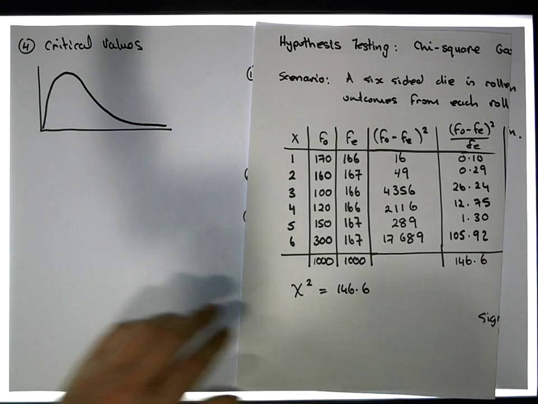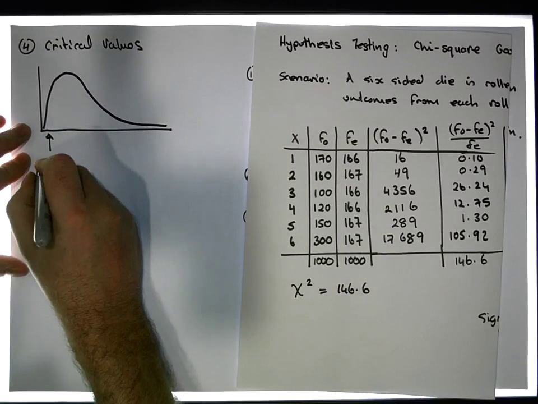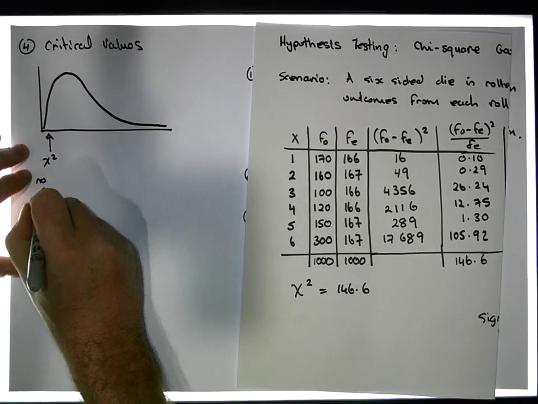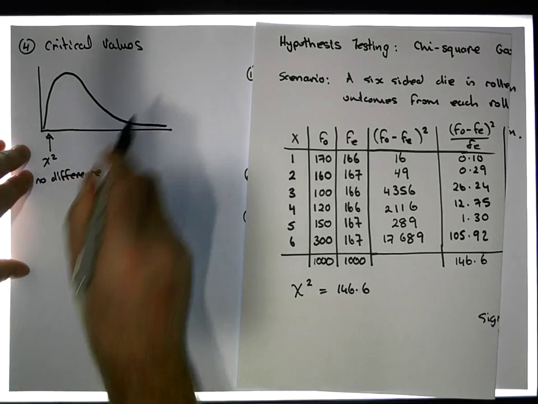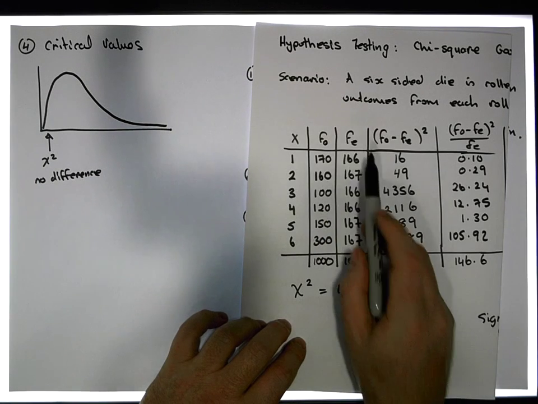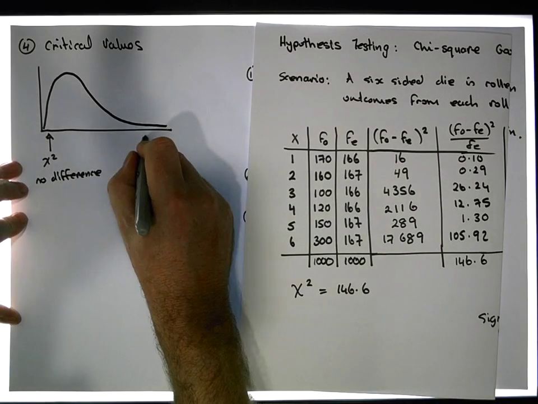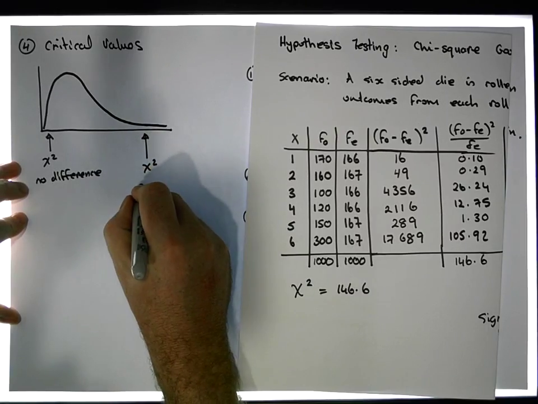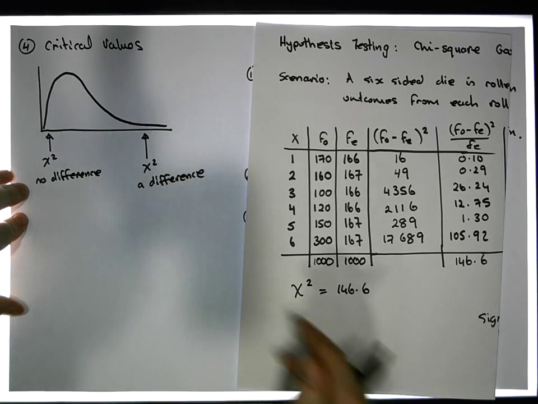So actually, a chi-square down here is evidence to suggest no difference. The greater the difference there is between the observed and the expected, the bigger these values are. So actually, a test statistic up here is evidence to suggest a difference between our observed distribution and our expected distribution.